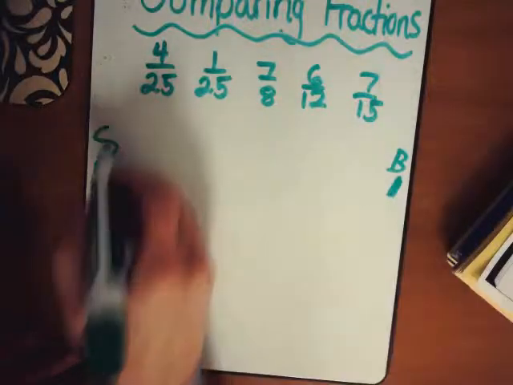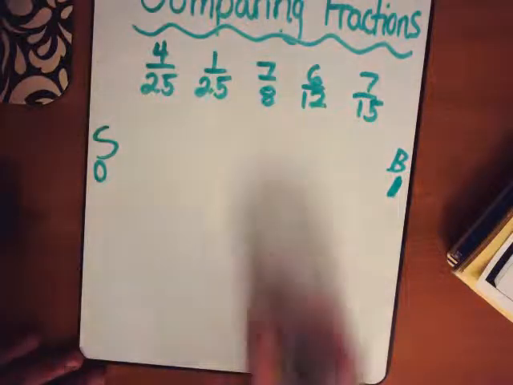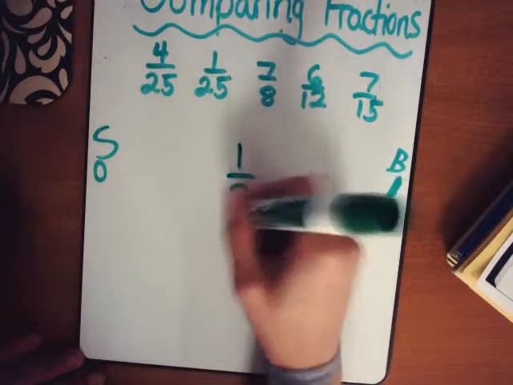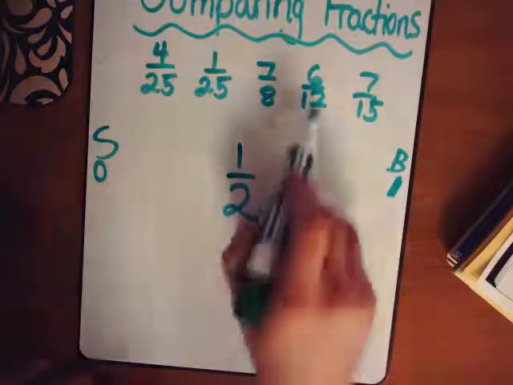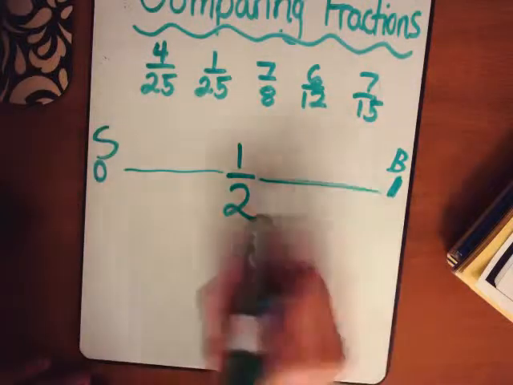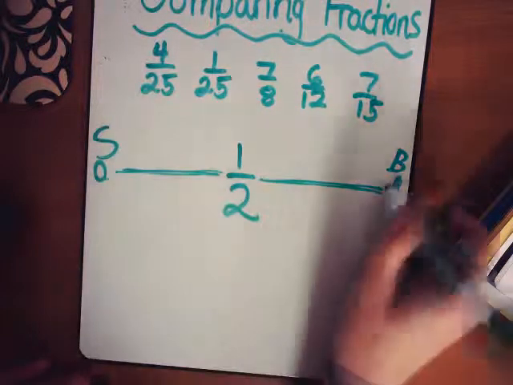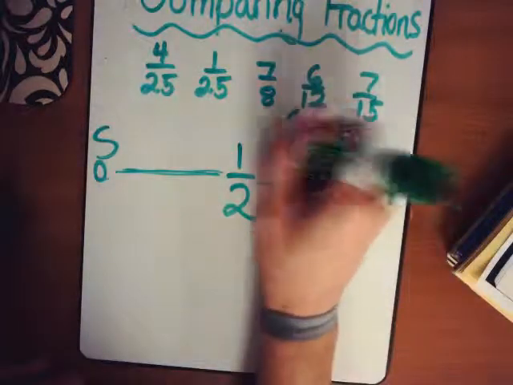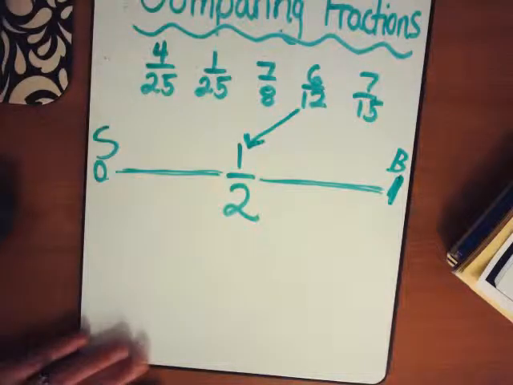Halfway between 0 and 1 is 1/2, or 6/12. You guys have already noticed that 6/12 is equal to that. So I have my number line ready with 0, 1/2, and 1, and we would put 6/12 right here.